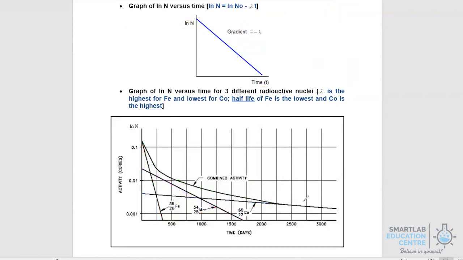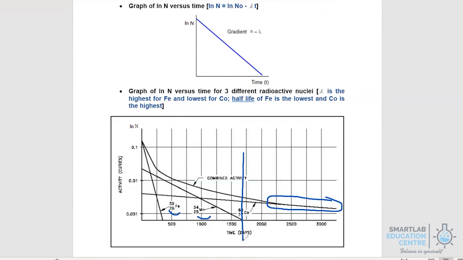And finally, it's important to note why in the combined activity graph, it will eventually become a straight line. It occurs when the combined activity is the activity contributed by the radioactive nuclei which has the highest half-life. As observed down here, manganese and iron have the shortest half-life.